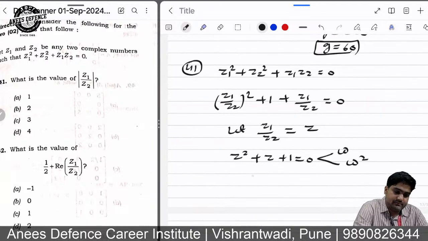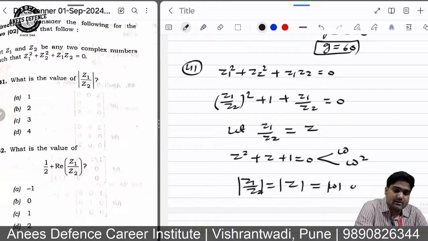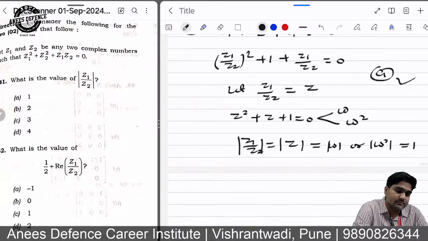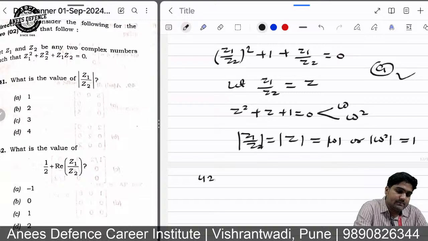Okay. So we need to calculate the modulus of z1 upon z2, which is z. So the modulus of z is the modulus of omega or omega square, and both values are 1. So the answer for 41 is option A. Okay, now 42. In this part, we need to calculate 1 by 2 plus the real part of z1 upon z2.